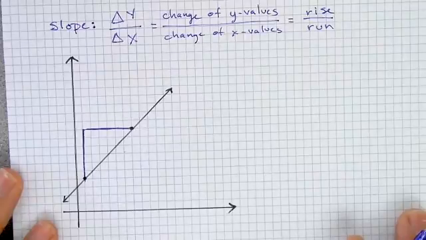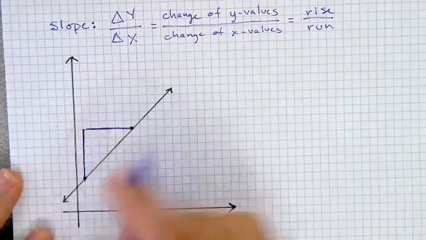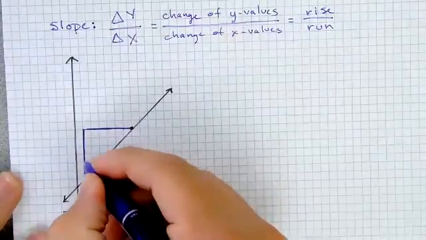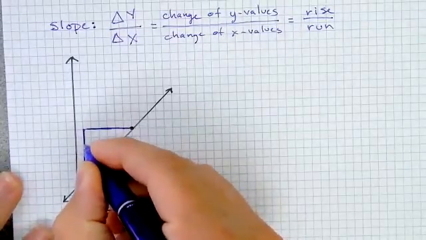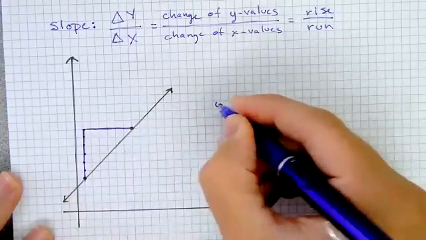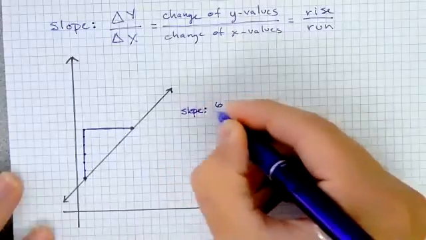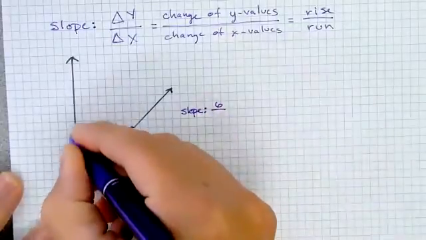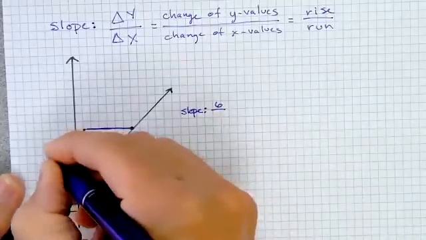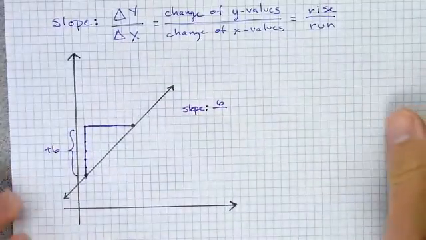Okay, and so what you want to do is put whatever the change in your y values is first. So we're going to count up 1, 2, 3, 4, 5, 6. So that goes on top, because the change in my y values is positive 6.